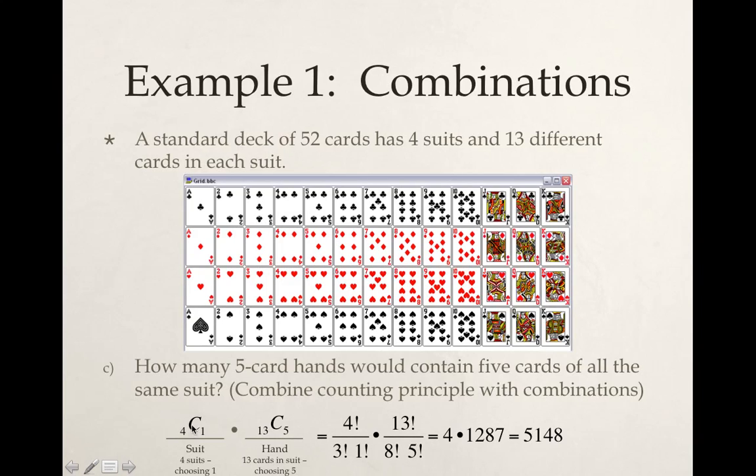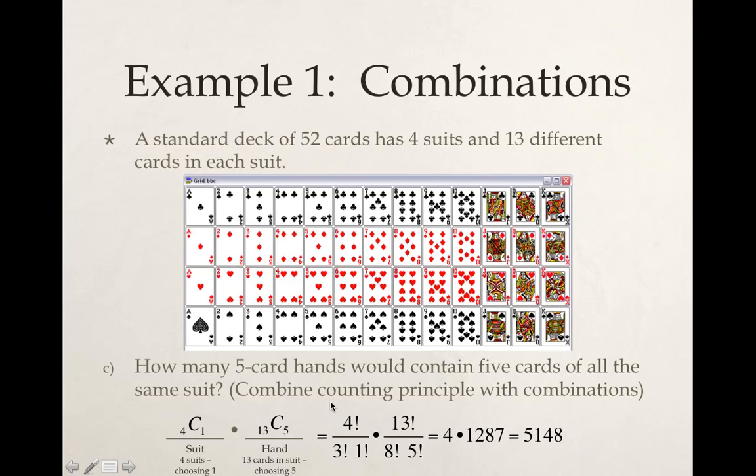The combination of 4 taken one at a time would be this. The combination of 13 taken 5 at a time would be this. And that works out to be 5,148 different possible ways to get 5 cards all of the same suit.